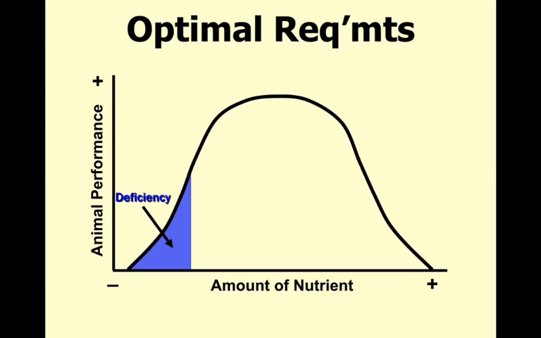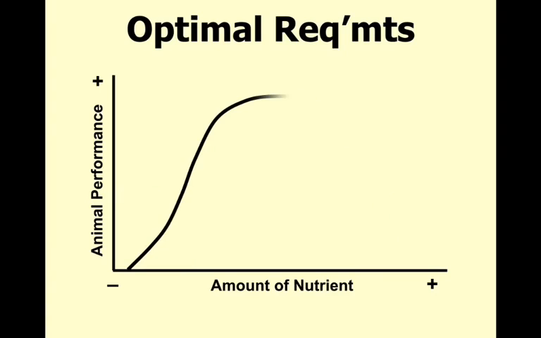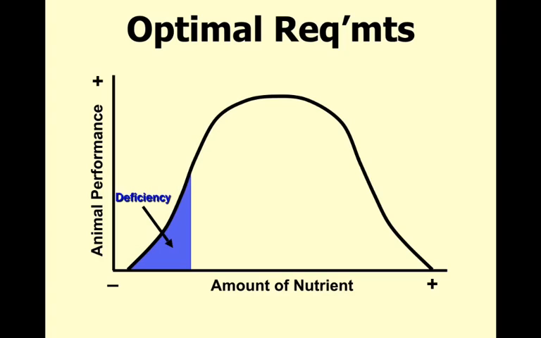So if we take a look at the lower and upper ends of the spectrum, if we look at the lower end of the spectrum where we have a small amount of nutrient that is negatively impacting animal performance, what that is resulting in is what we call a nutrient deficiency, meaning we have this small amount of nutrient down in here, a lower level, and we're seeing low animal performance.